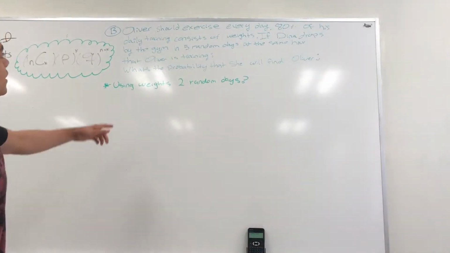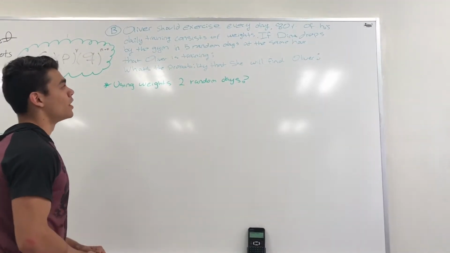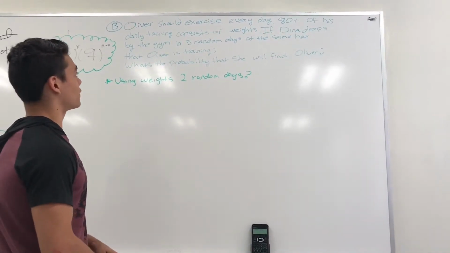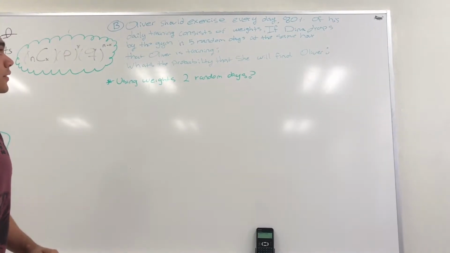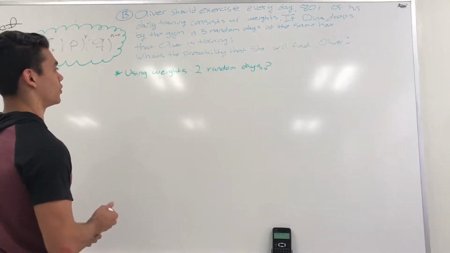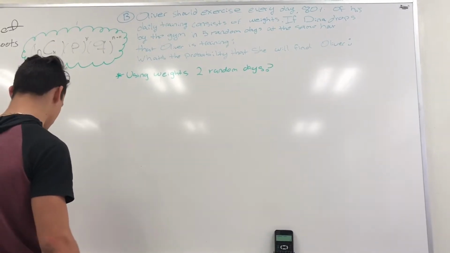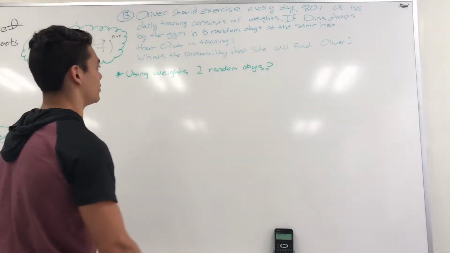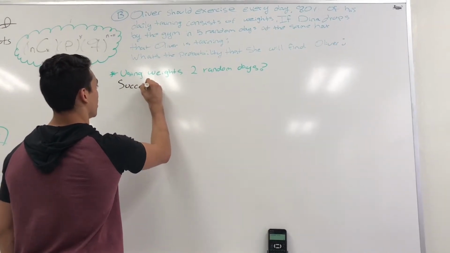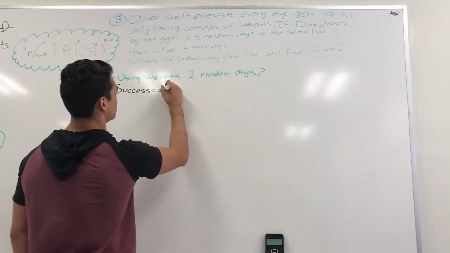The problem says that Oliver exercises every day. 80% of his daily training consists of weights. If Dinah drops by the gym on 5 random days at the same hour as Oliver is training, what's the probability that she will find Oliver using weights on 2 random days? The first thing is to establish what our success is. In this problem, our success will be Oliver using weights.